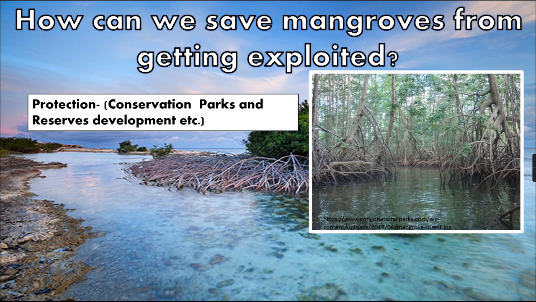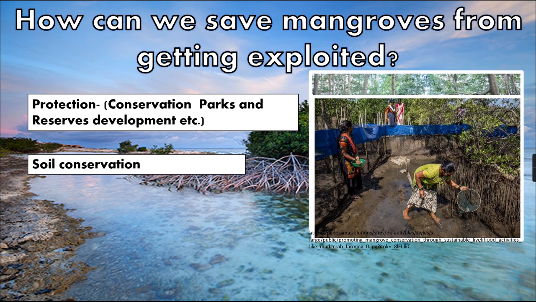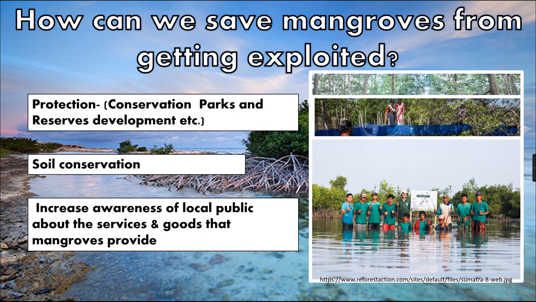Next is protection, converting those areas into conservation reserves, and following soil conservation so that the mangroves can grow well, and increasing awareness of the local public about the services and goods that mangroves provide.